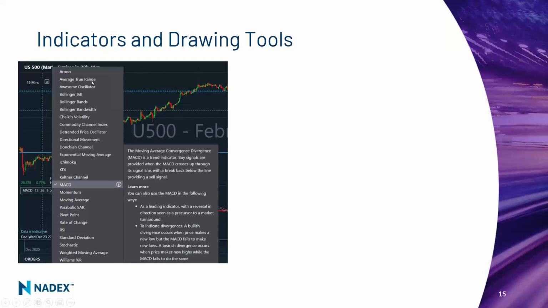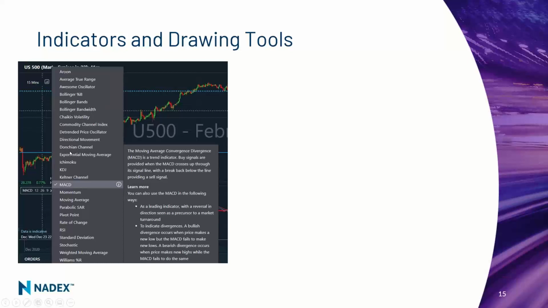Now, some of these tools in here, average true range, it's a great mathematical tool and gives you an idea of how much movement you might expect in a particular asset over the course of a day. Bollinger Bands, if you're into mathematics and reversion to the mean. Yes, something will deviate from the mean, but eventually it's going to revert back and come back to the mean. A lot of people really love Bollinger Bands.